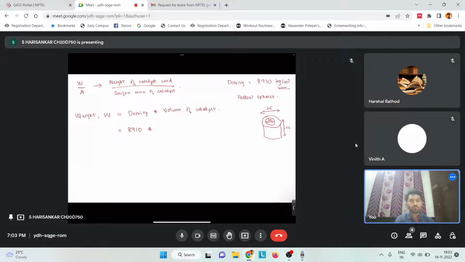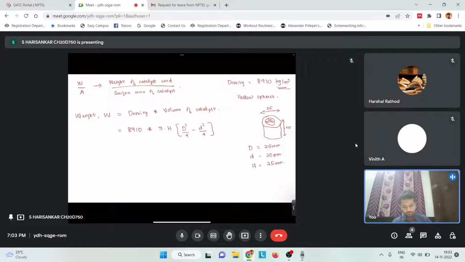So the volume of a hollow cylinder will be pi into h into D square by 4 minus small d square by 4, where capital D is 25 mm, small d is 20 mm and the height h is 25 mm.